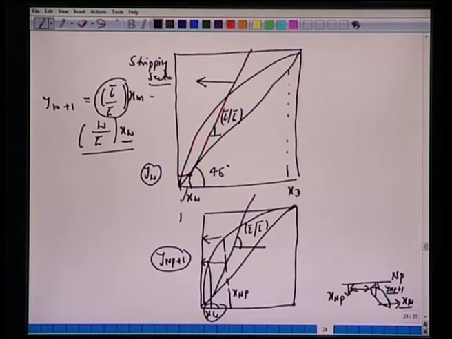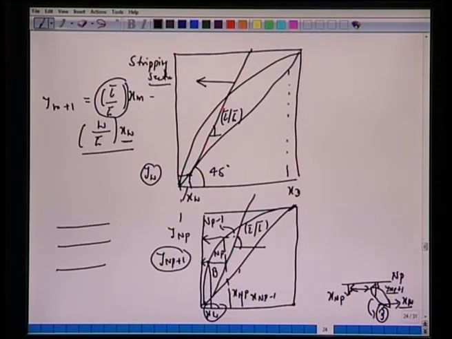We have the second vapor composition y NP. If we extend this, we have now x NP minus 1, and so forth. First stage is of course the reboiler, which we have done in case of the Ponchon-Savarit method as well. So we have the reboiler, then this stage is NP, then this stage is NP minus 1, etc. Right. So we have been able to construct.